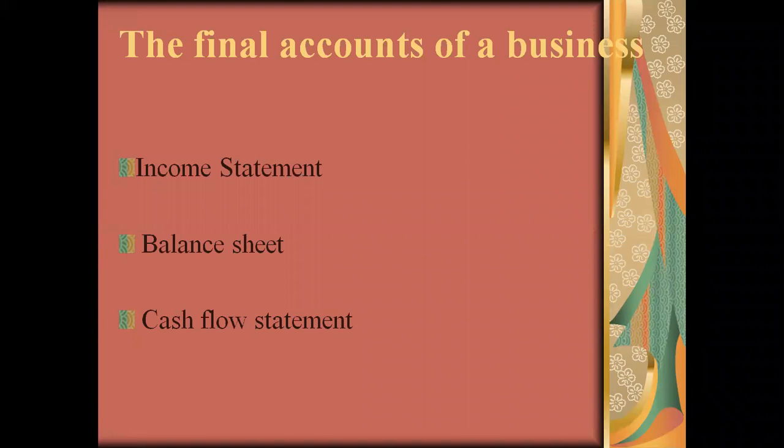If not, you have to make arrangements accordingly. If there is surplus cash available, you can use it somewhere else for the benefit of the business. So the cash flow statement has the same importance as other accounts like the income statement and balance sheet. In fact, sometimes it is more important.